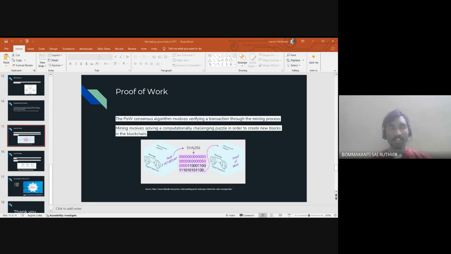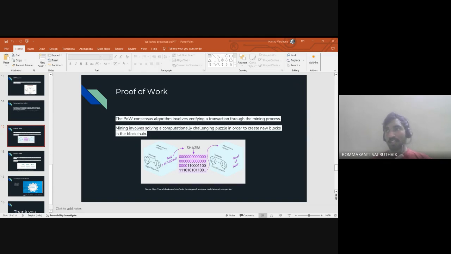If there is any possibility of malicious activity, nodes with tokens at stake will not do it, right? That's why proof of stake is much better than proof of work.